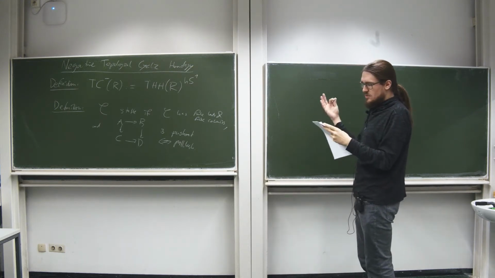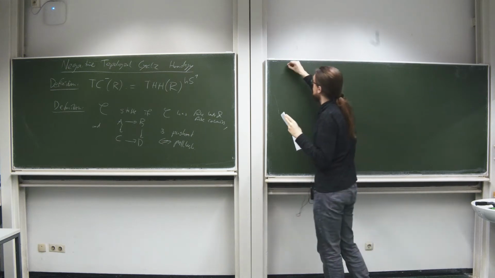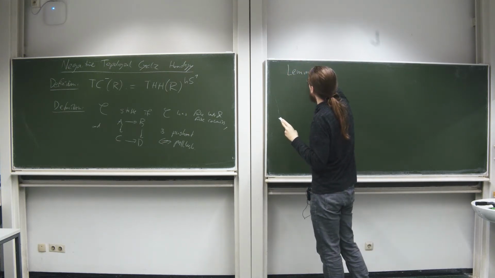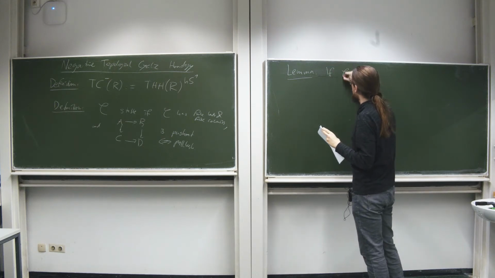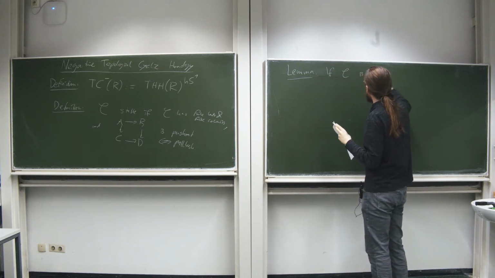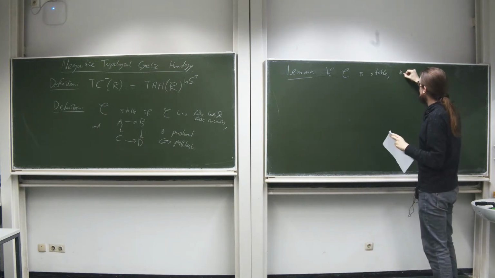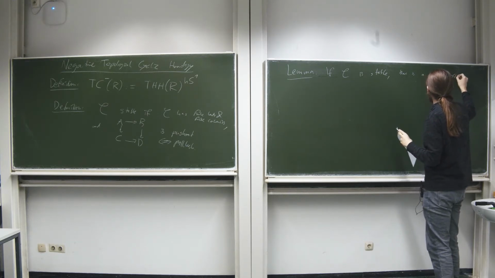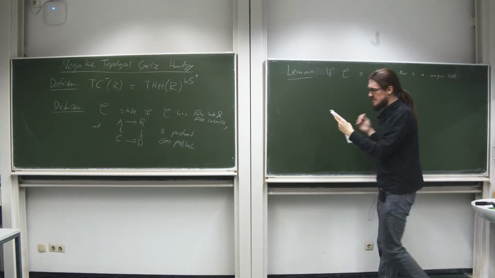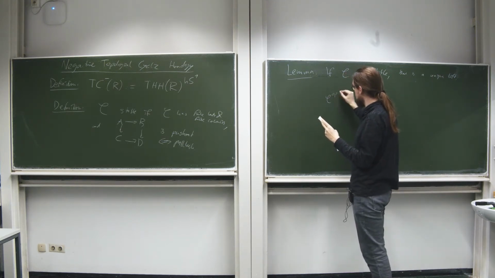Right, and so the main feature of stable infinity categories that we'll employ now is the following lemma, namely, if C is stable, then there is a unique lift. And unique means essentially unique. There's a contractible choice of such lifts.